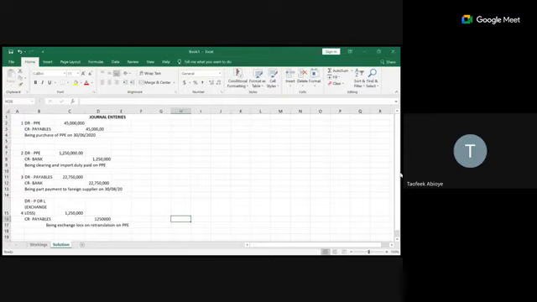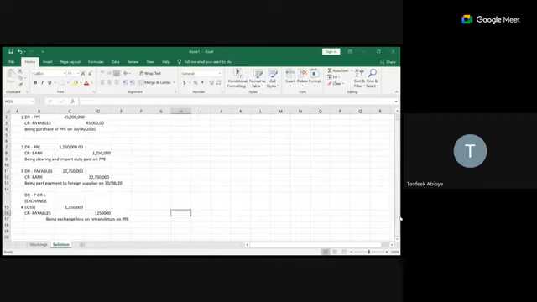Then the last one, I think the number 5, should be the depreciation. And what is the accounting entry for depreciation? It is very simple. One leg is going to your expense.